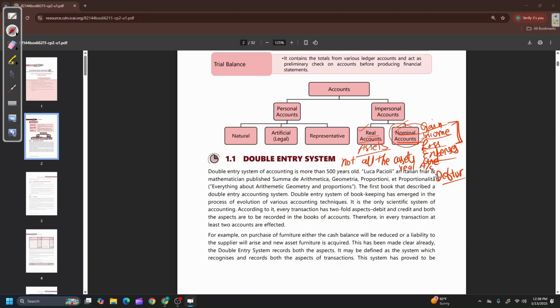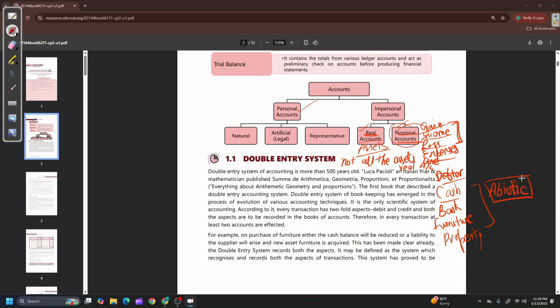So it comes in your personal account. But cash is your asset which comes in your real account. Your bank, your furniture, your property, any assets such as these. The term I use, though it's not very accurate, is abiotic.